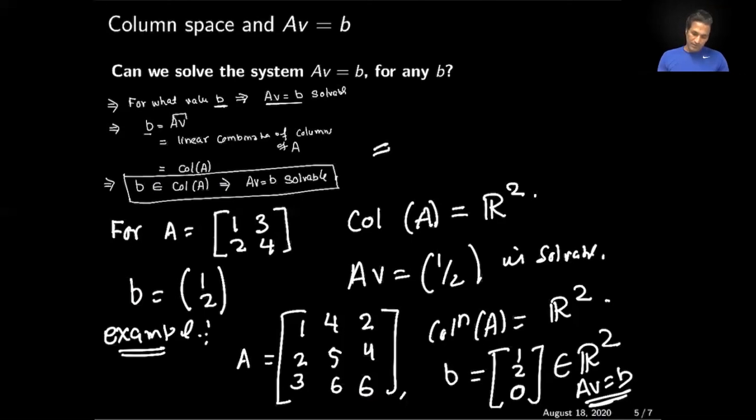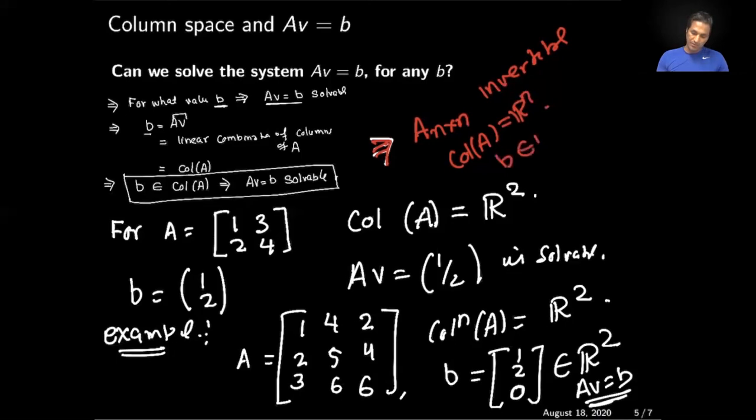From this discussion, we can also conclude one remark: if you have an n by n matrix and this matrix is invertible, then the column space of this matrix A is going to be the whole Rn. So you can take any b from the space Rn and the system Av equals b will be solvable.